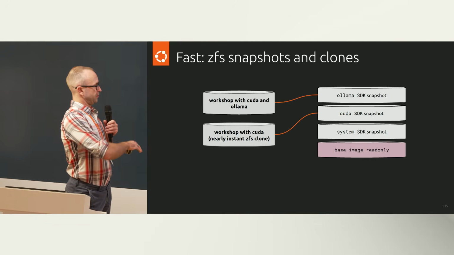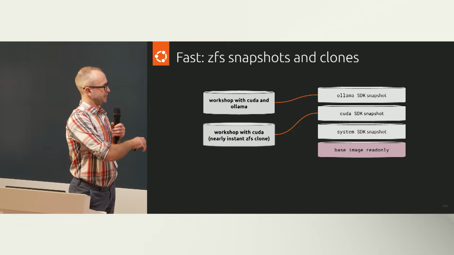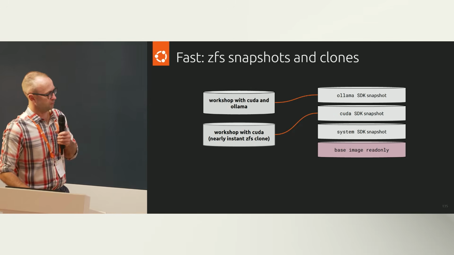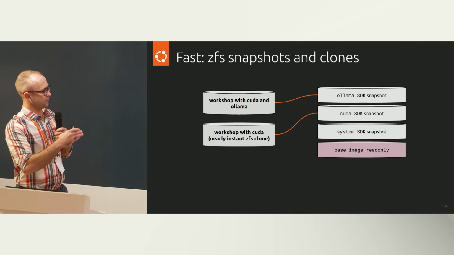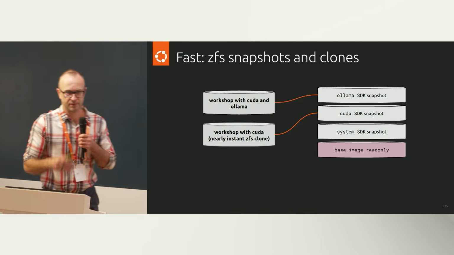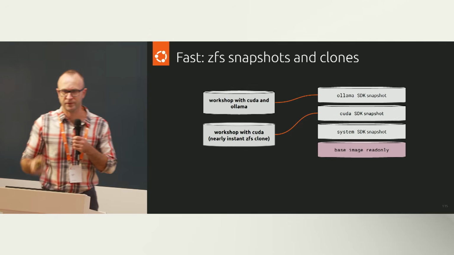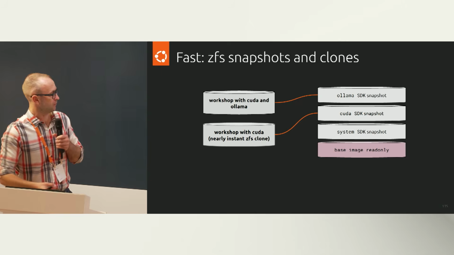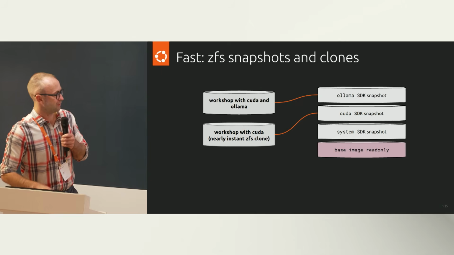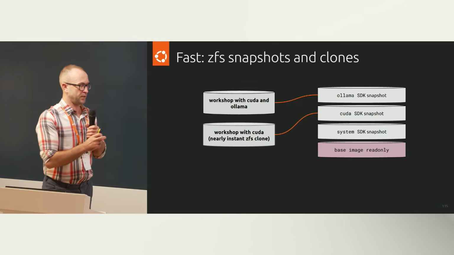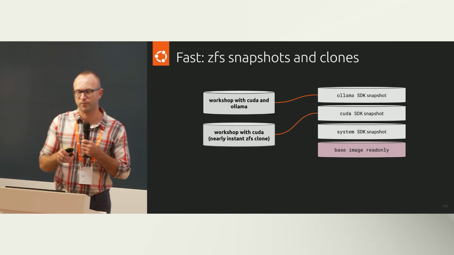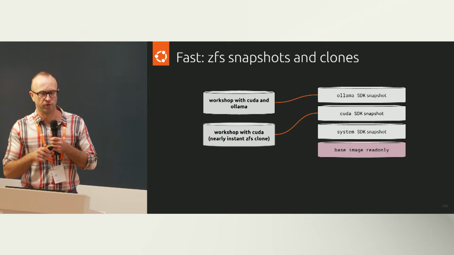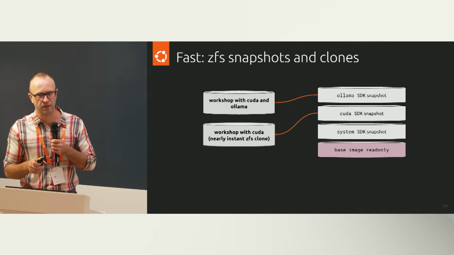Now we need to run a second workshop, and that second workshop only uses the CUDA snapshot. But given that we already have the same stack of snapshots for this environment in the system, we restore the workshop from the ZFS snapshot and run it almost instantly. That is important for how we intend the workshop to be used, because every project may have multiple workshops depending on your branches, depending on the variations of the dev stack that you run.